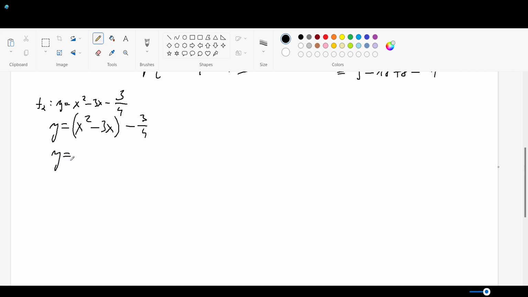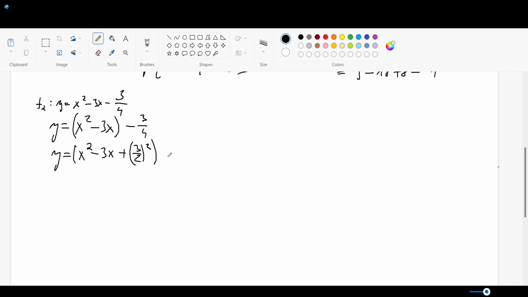Now you ask yourself, what number should we place here, so that we can simplify it to something like x minus some number? So what is the number we have to put here? We already know that this number is half of 3, so we do half of 3, which in this case is 3 over 2, and it must be squared.